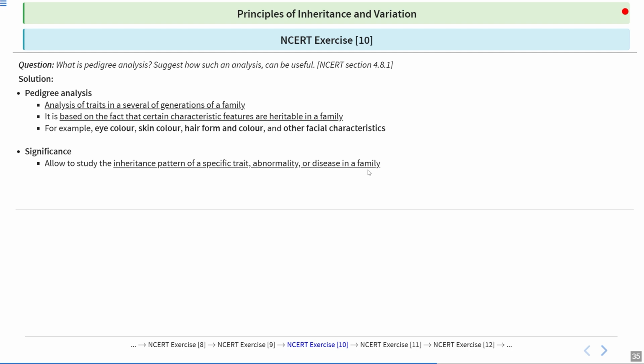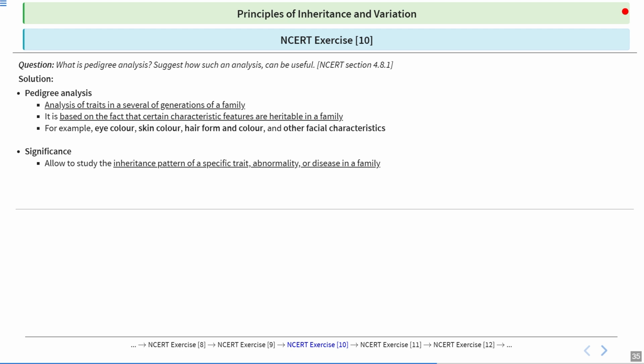It means you will be able to understand how that gene is being inherited from parent to offspring. Okay. Is the pattern of inheritance recessive?